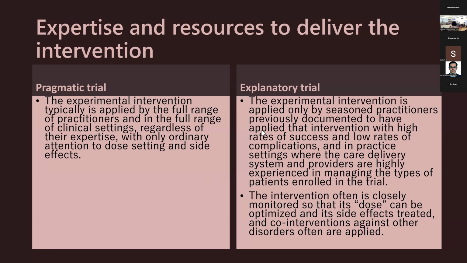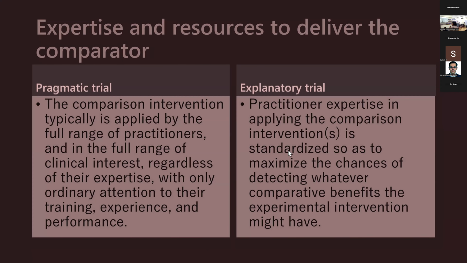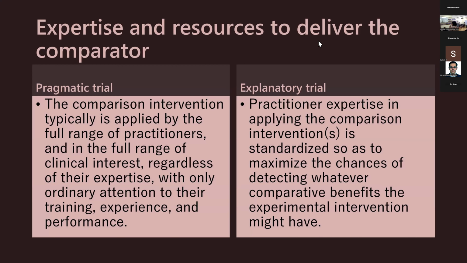They should be the ones with high rates of success and low rates of complication. And the settings also would be like to provide high quality care and low complication rates, and expertise and resources to deliver the comparator. So in a pragmatic trial, the usual care with their usual providers will continue.